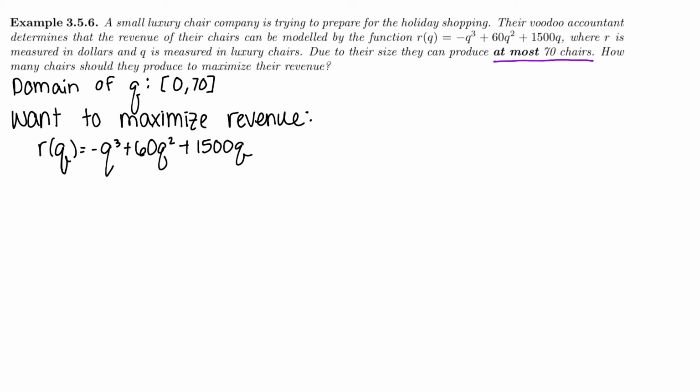So we're going to take the derivative, set it equal to 0, find our critical values, just like we have done. So we didn't have to set up anything in this problem. The setup is basically all there for you.